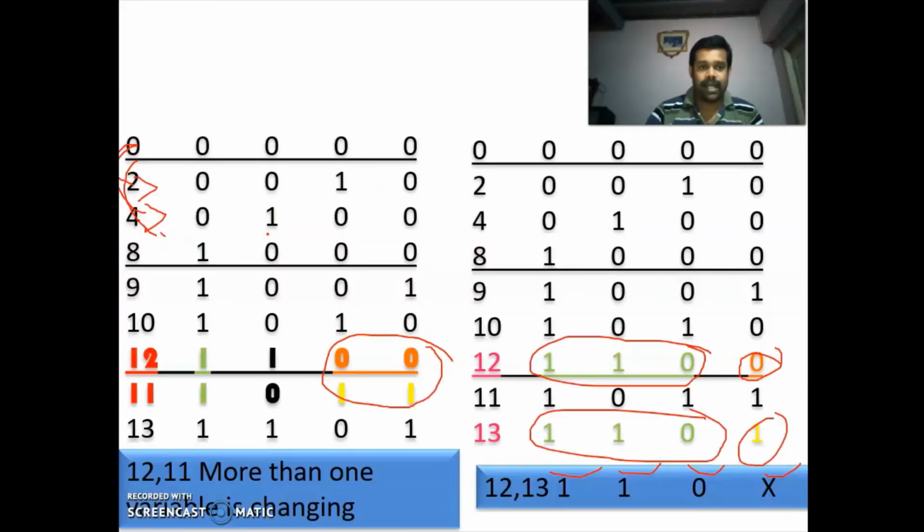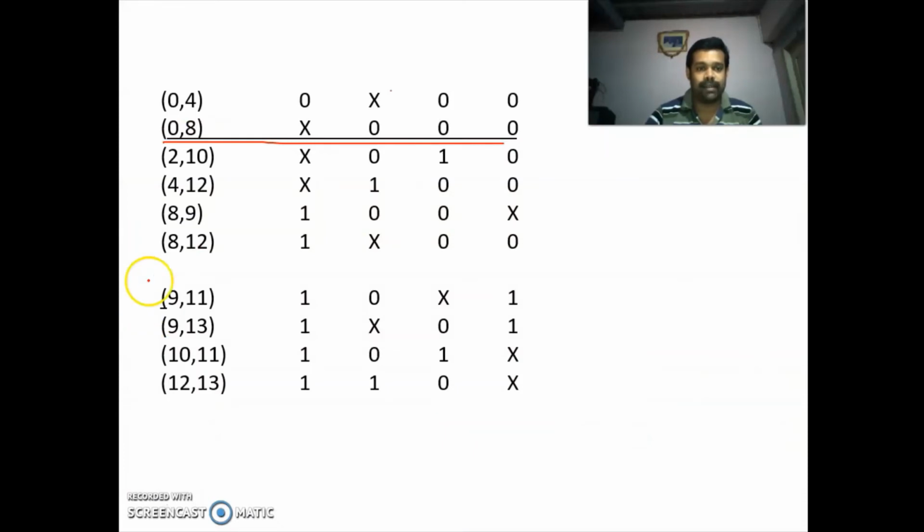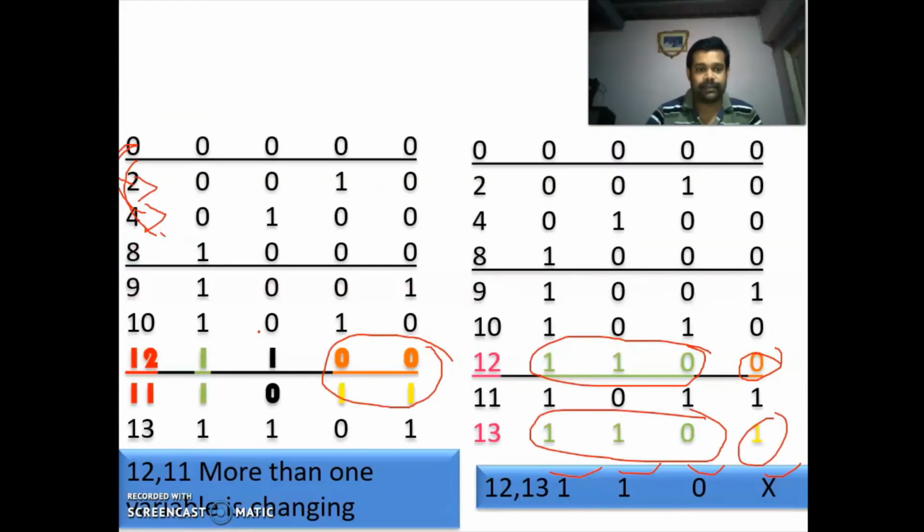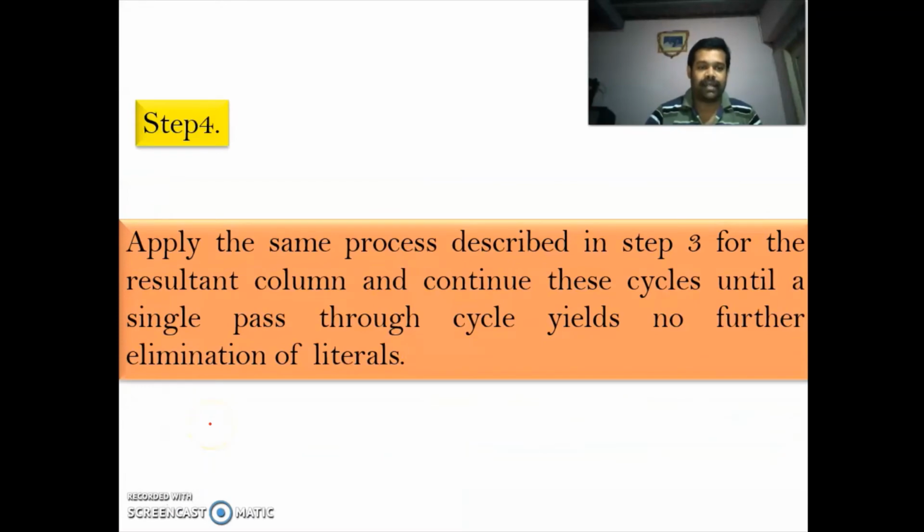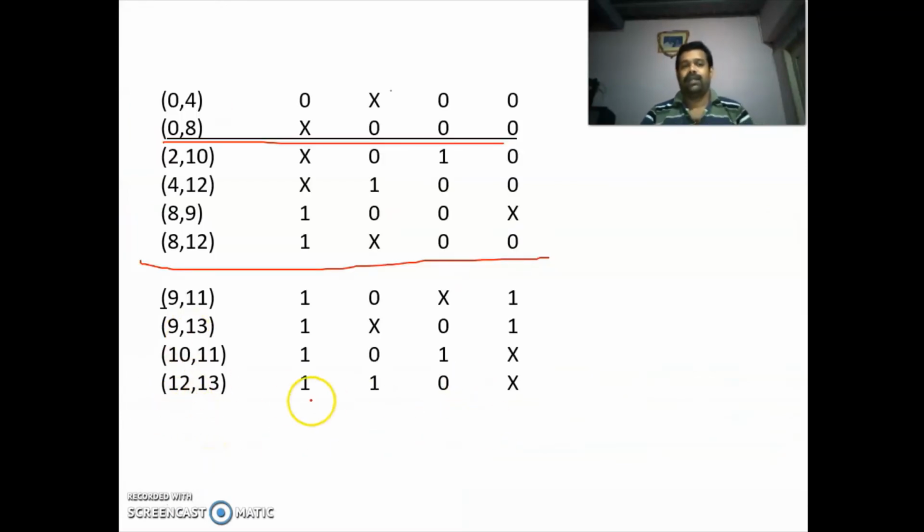Then after completing 2 with 9, 2 with 10, 2 with 12, and 4 with 9, 4 with 10, and 4 with 12, then 8 with 9, 8 with 10, and 8 with 12. After completing this, you have to put a line. Next is 9 with 11, 9 with 13, then 10 with 11, 10 with 13, 12 with 11, 12 with 13. After comparing like this, you have to put a line.